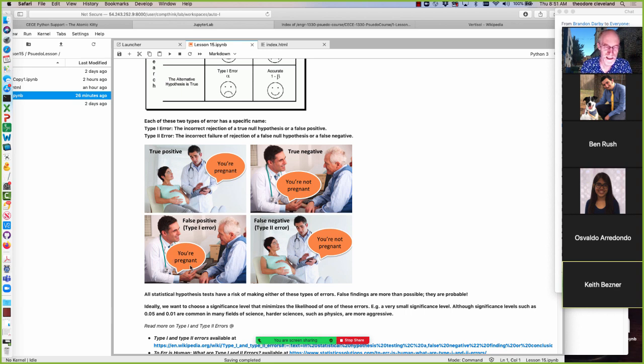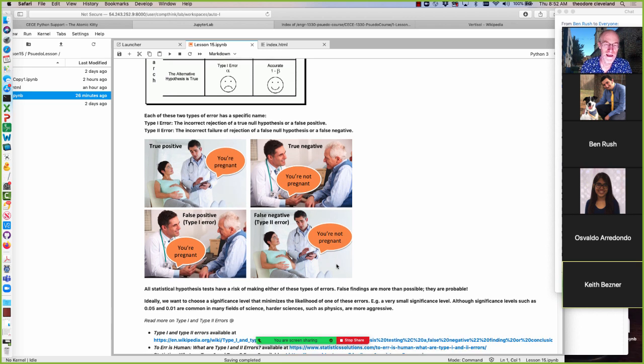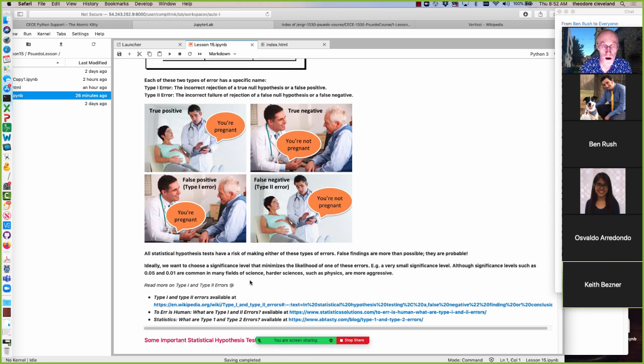His test has concluded that this gentleman is pregnant when in fact he's not. And then the type 2 error would be runs the test and reports to the pregnant woman that you're not pregnant, when in fact she's quite pregnant. So all statistical tests have some risk or some probability of making either of these types of errors. They're impossible to avoid.